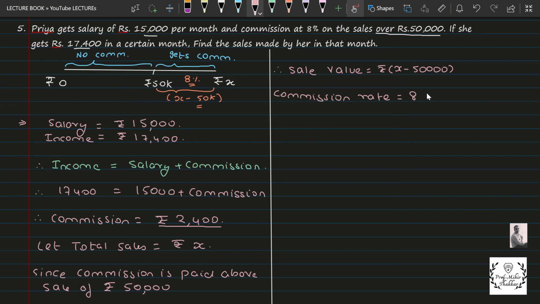Commission rate is equal to 8% and therefore commission amount is equal to 8% of X minus 50,000.